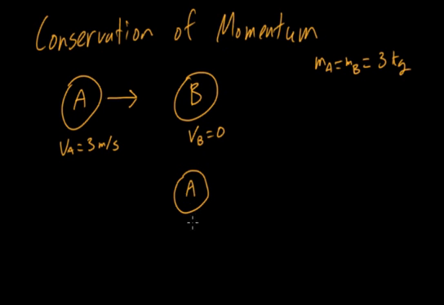Let's say that they hit each other, and that then after they hit each other, now A is going backwards. We'll call this VA prime, saying that it's the velocity after the impact. Maybe it's going backwards at 1 meter per second, so better make it negative. So we'll say our VA prime is negative 1 meter per second.